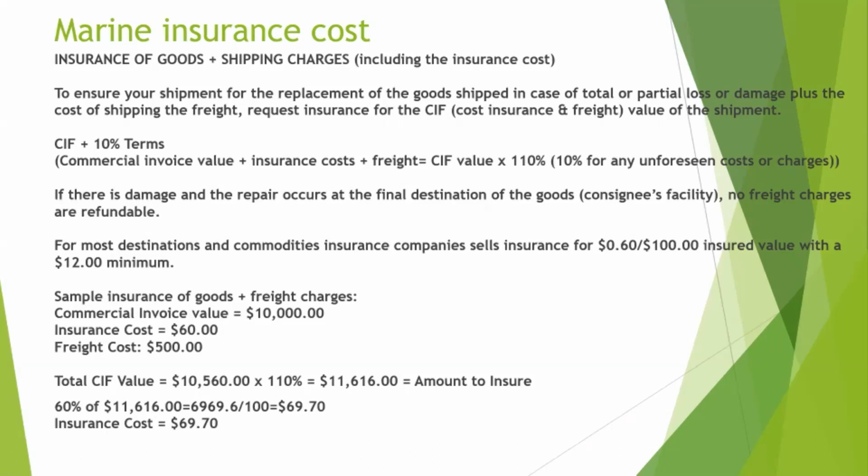Try it. I'm not going to ask you to calculate it in the exam. I don't need you to calculate it. This is just side information for you to understand the process of calculating, because when you're hiring an insurance company, if you have the knowledge, it helps you understand how they calculate the insurance charge.